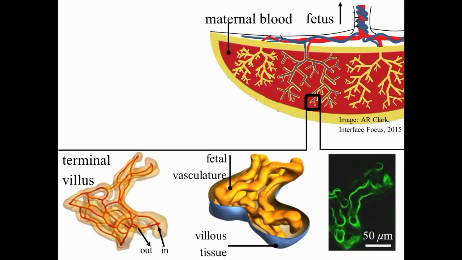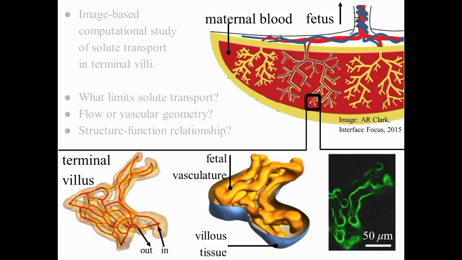They're about 200 microns across. They consist of this fetal vasculature, where the blood goes from and to the fetus. Outside of that is villus tissue. Outside of this blue surface is maternal blood, and between the blue and yellow surfaces is tissue where transport happens through diffusion and active processes.